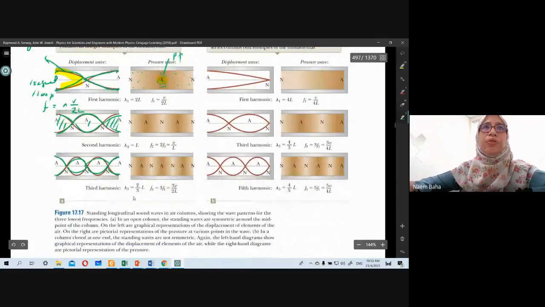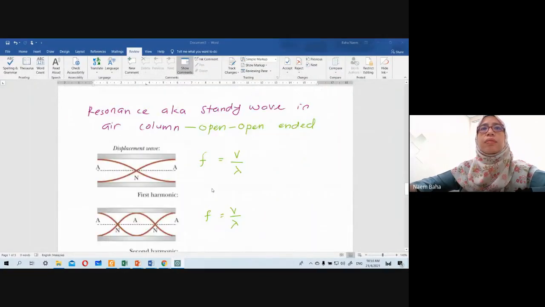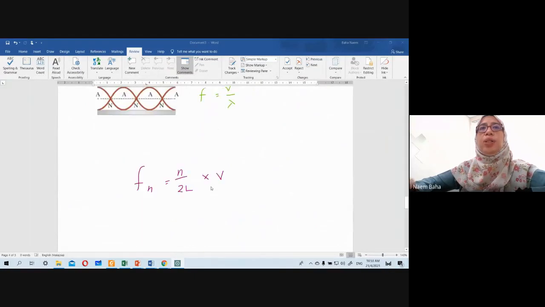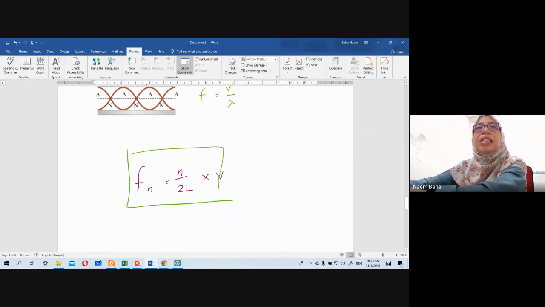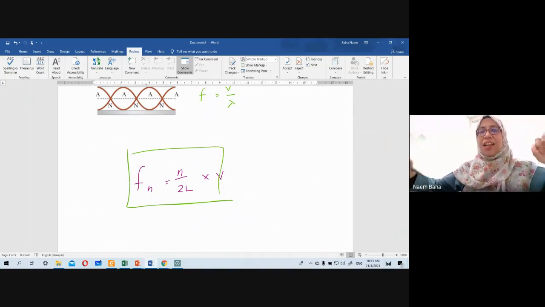Now, in conclusion, for the open pipe, the resonance will have a similar equation as a string that is fixed at each end.